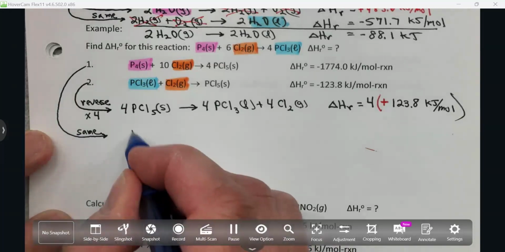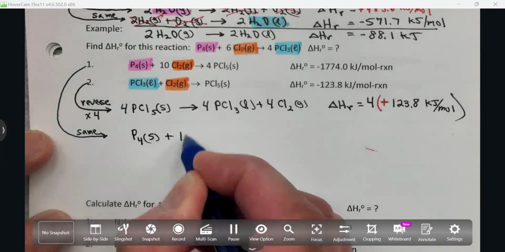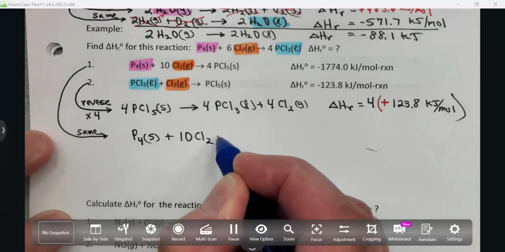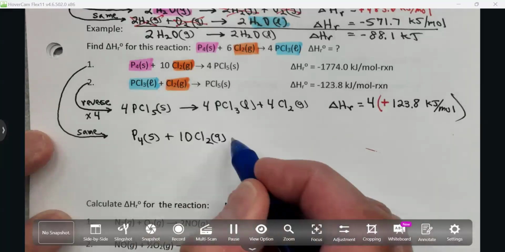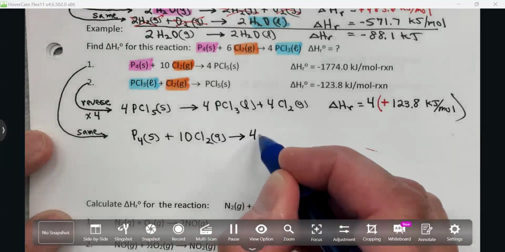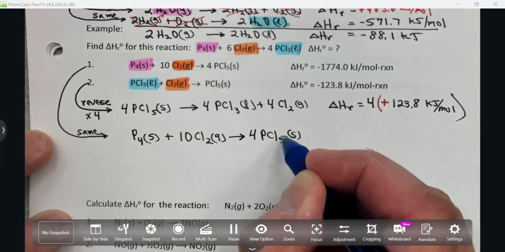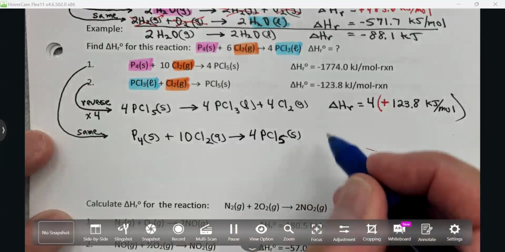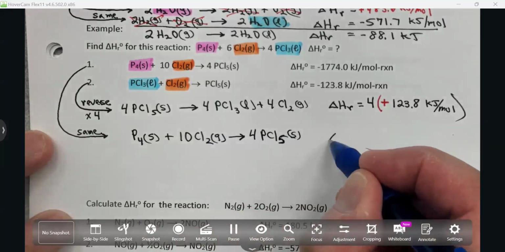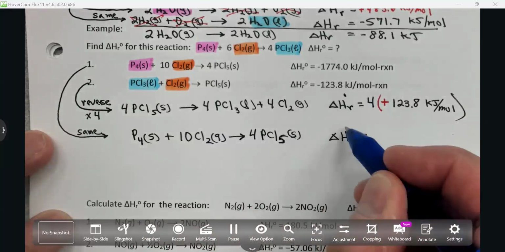But I'm going to rewrite it. P4 solid, 10 Cl2 gas, 4 PCl5 solid, and I guess I should put my little.